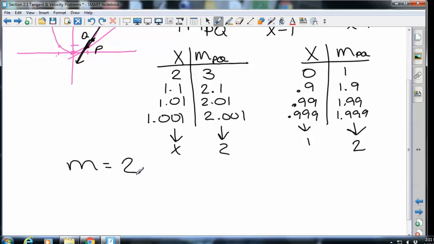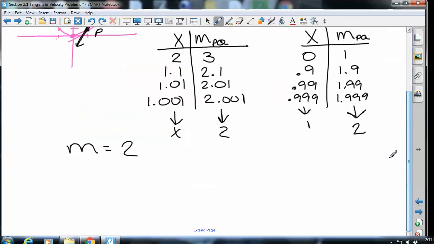So now I think I know that my slope is 2, and we had that point that I originally gave you, 1, 1. Is that enough to write the equation of the line? Yeah, y equals mx plus b.